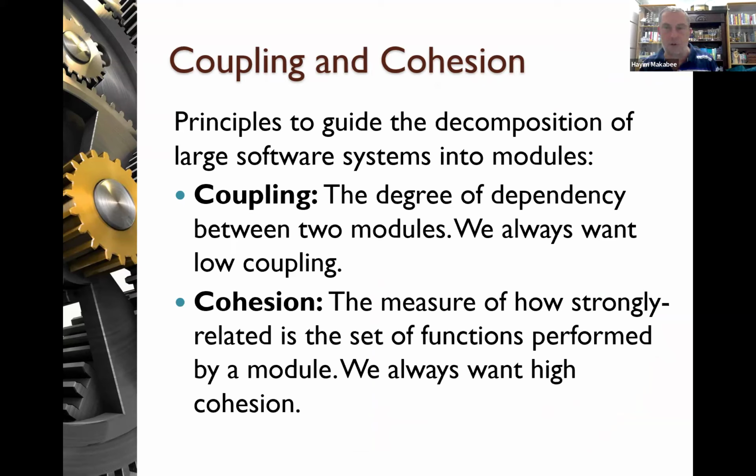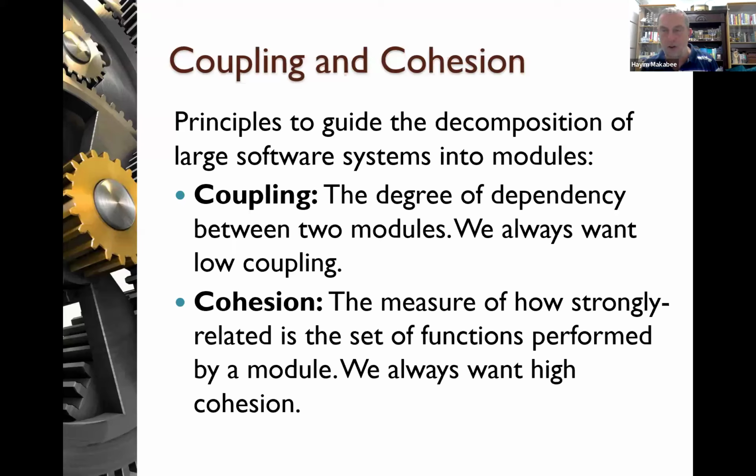The two main principles that you should know are coupling and cohesion. Okay? You must understand coupling and cohesion. Coupling is how related two different modules are. It's the degree of how dependent these two modules are on each other. And cohesion is how strong the relation is among the functions performed by the same module.